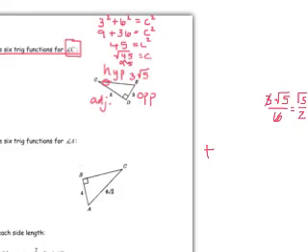And finally, cotangent of angle C is equal to A over O. It's the reciprocal of tangent. So A is 6, O is 3, so that's 2 over 1, or just 2.